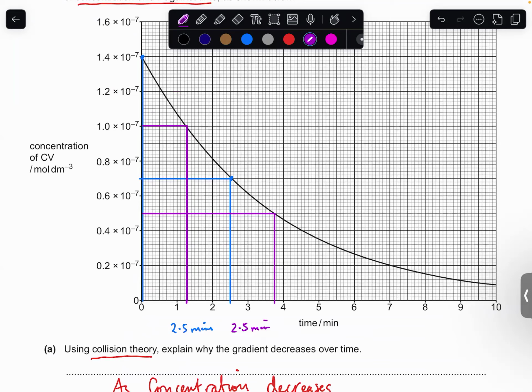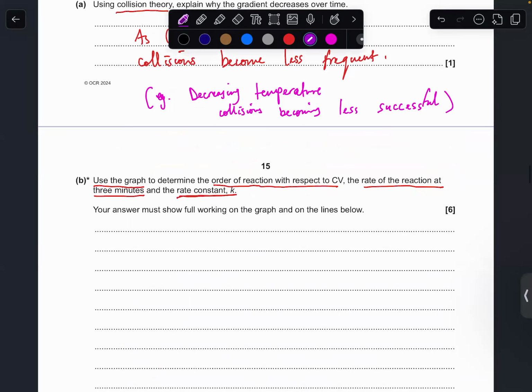So what we've got is that the half-lives are constant, and the half-lives as shown on the graph correspond to first order with respect to CV. So we've done the first point. We've determined the order of reaction.